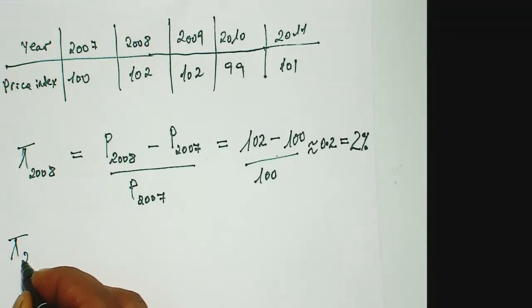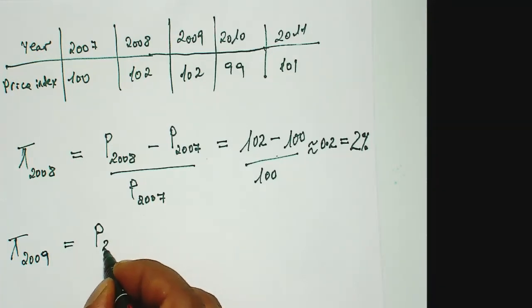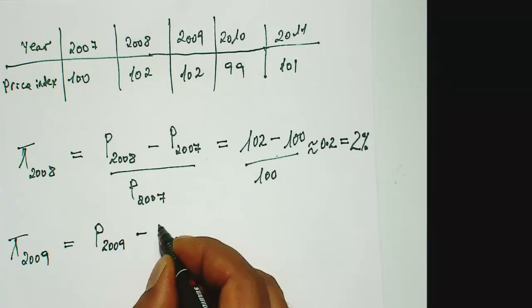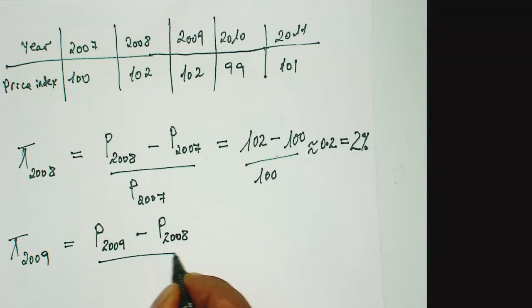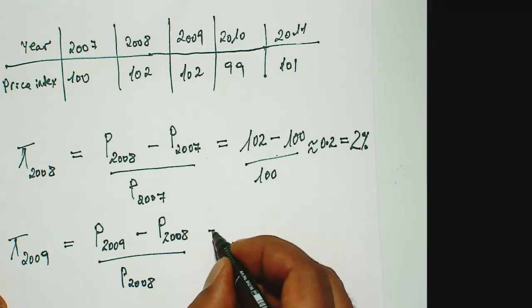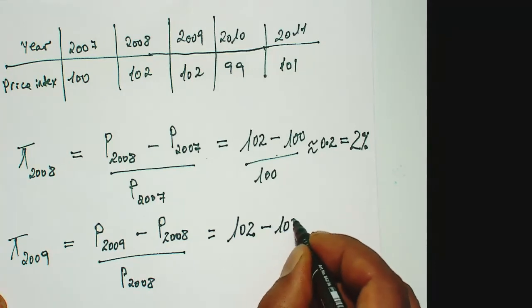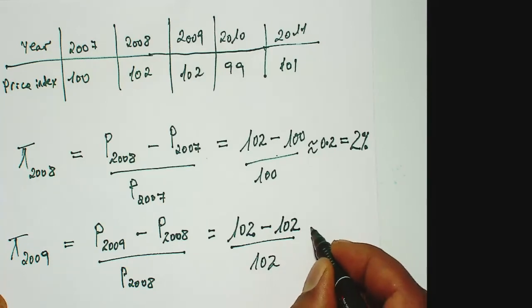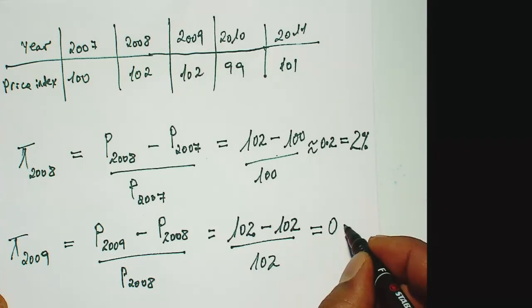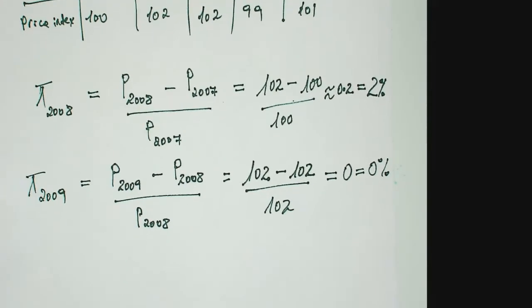Using a similar approach, we can also calculate for 2009, which would be price at 2009 minus price at 2008, divided by price at 2008. In this case, we had 102 in 2009 minus 102 in 2008, divided by 102, which would give us 0, and we can say inflation in 2009 was 0%.